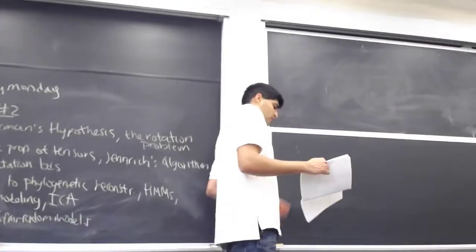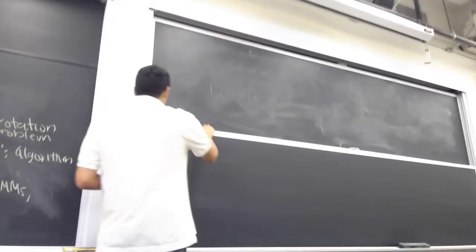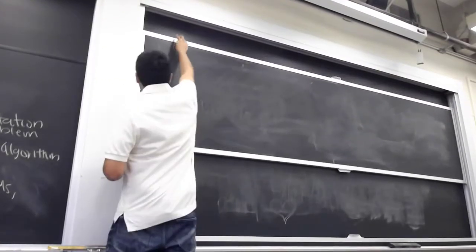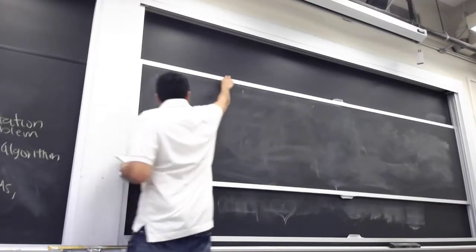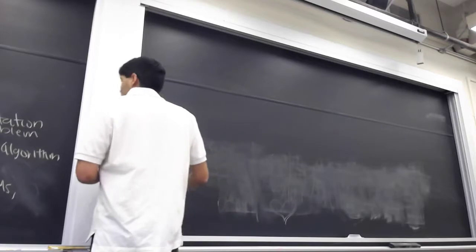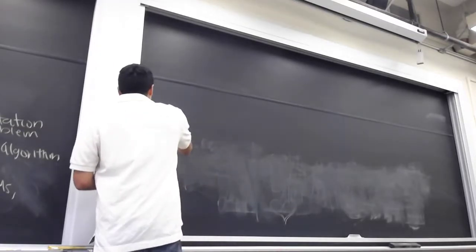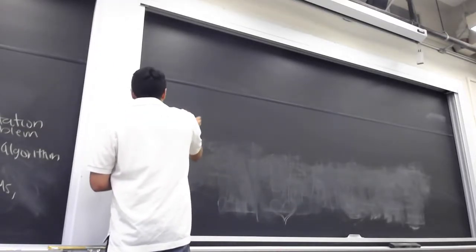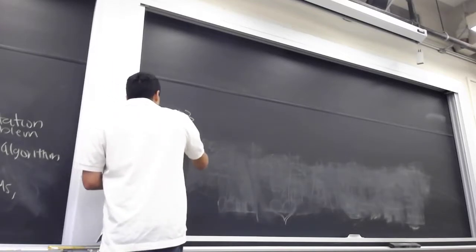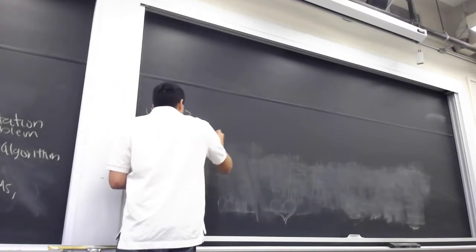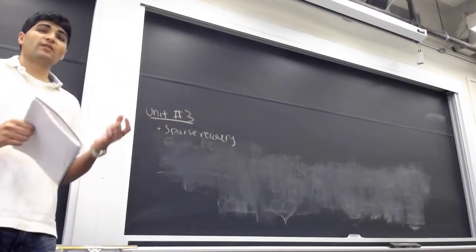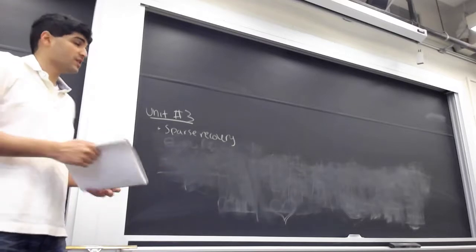So after that, we talked about sparse recovery. So we talked about the basic sparse recovery problem, where we're trying to find the sparsest solution to a given linear system.